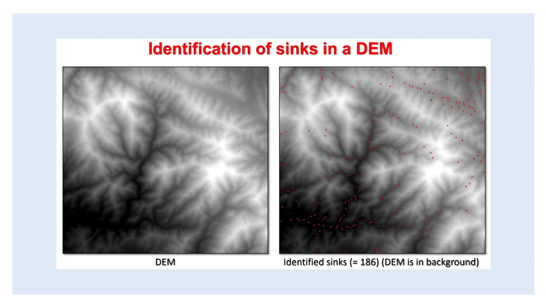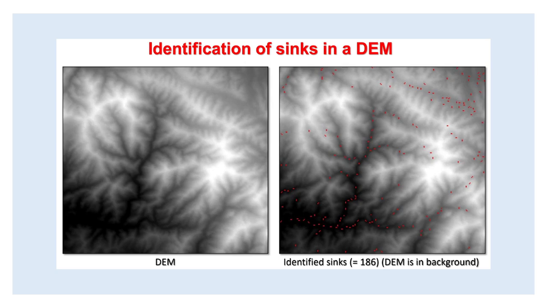So here we have an example of a digital elevation model. When this digital elevation model is subjected to the identification of sinks, you can see we have a lot of red dots over here, right?